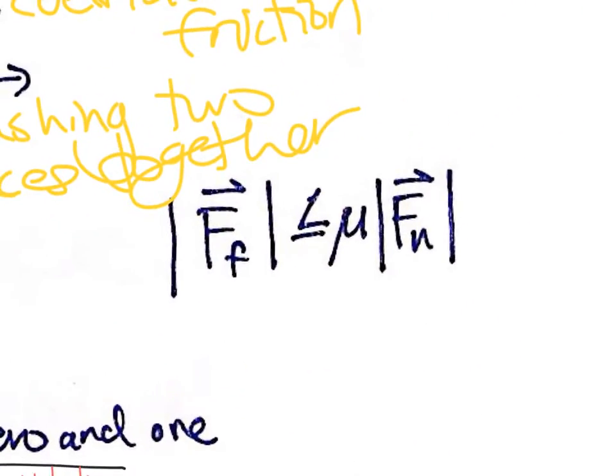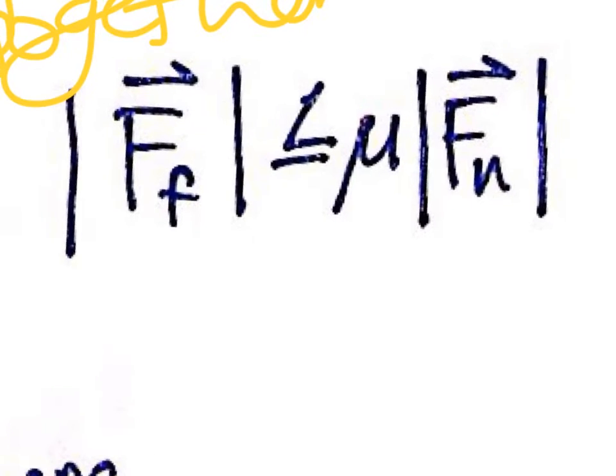On your formula page, this is the way that formula for force of friction is written. And all this means, so absolute value meaning the frictional force is going to be positive, basically. You're never going to have friction kind of helping, reducing the force required to move something.